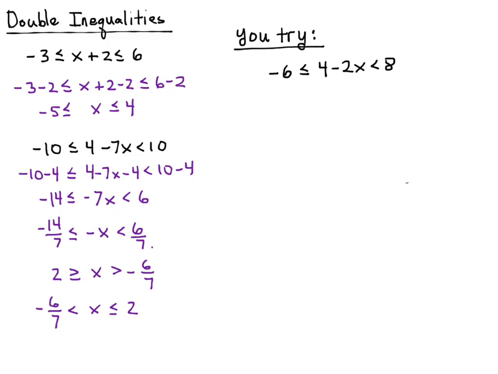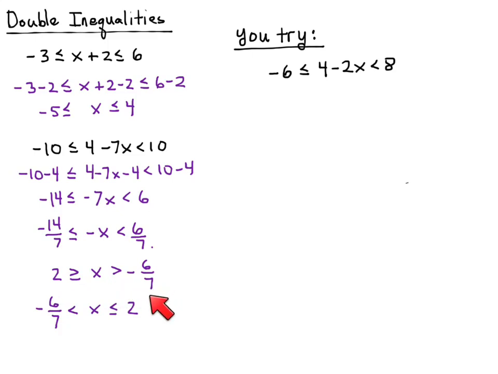Well, it does mean the same thing, okay, and so if I'm reading it from right to left, I'm saying 2 is greater than or equal to x, which is greater than negative 6/7, right? And that's the same thing if I'm reading it from left to right here.